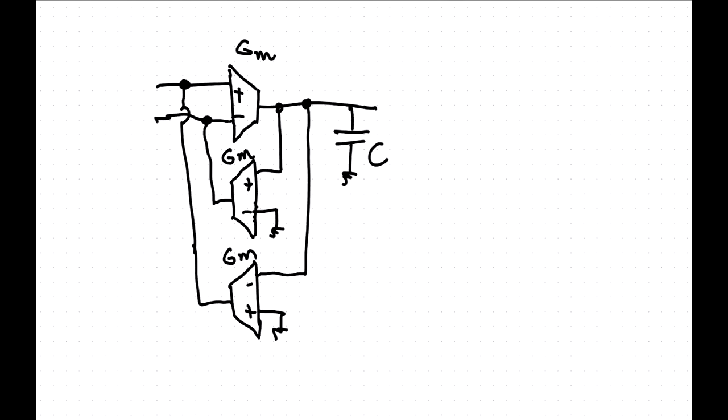Okay, so what do you have? The voltage here is going to be GM divided by SC. Now that means that the current that flows there is going to be the voltage here times GM. So that current is GM squared divided by SC, and that current there, sorry, I'm missing an input voltage here.